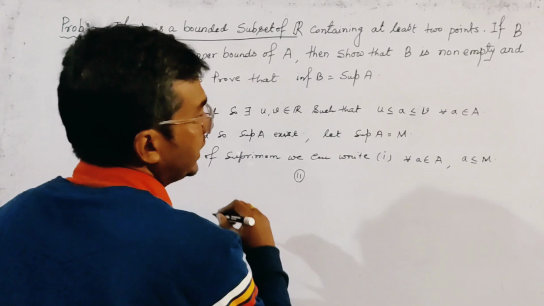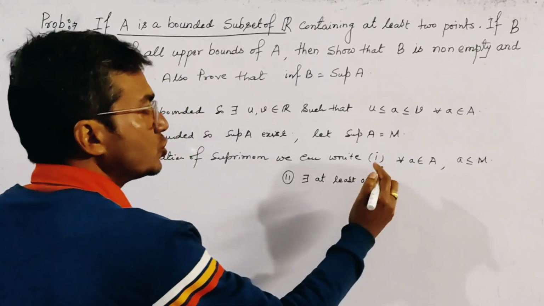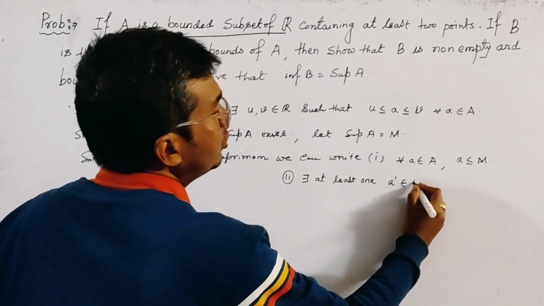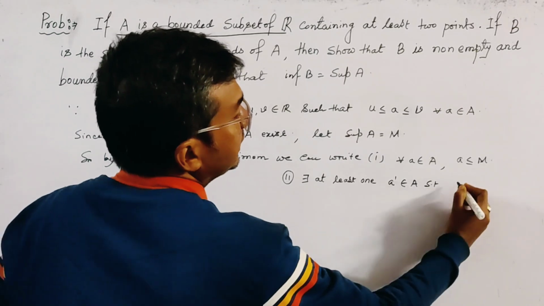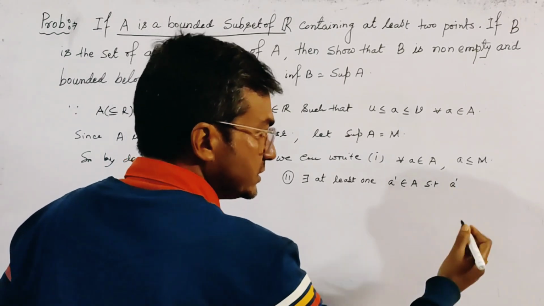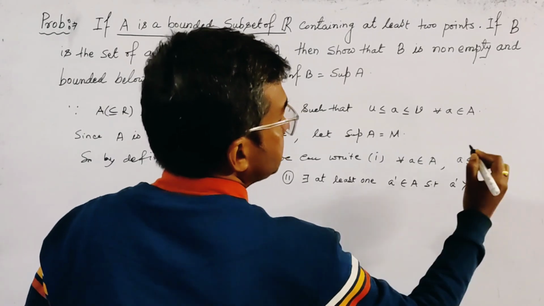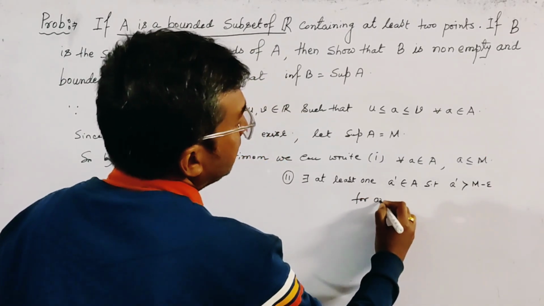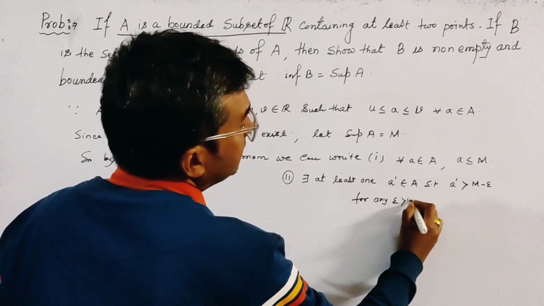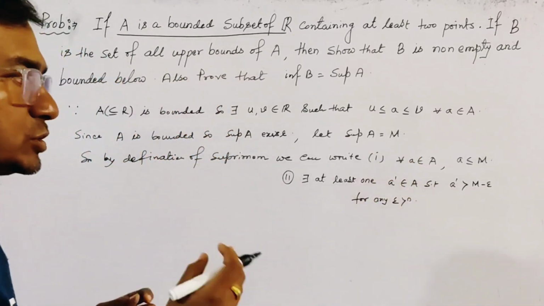And the second property is, there exists at least one a dash belonging to A such that a dash is greater than or equal to M minus epsilon, for any epsilon greater than 0, however small it can be.